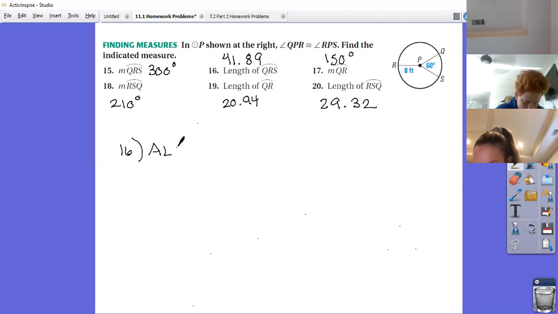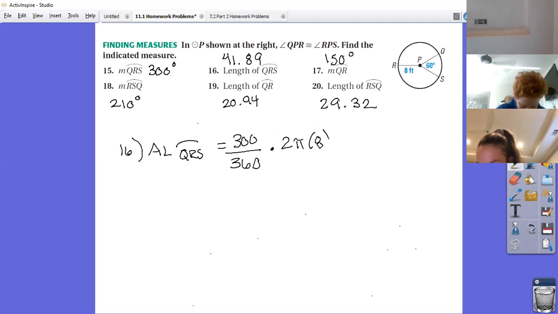So arc length: I'm going to take the measure of the arc, 300, out of 360 times 2 pi, and the radius is 8. So I have 300 over 360 times 16 pi.